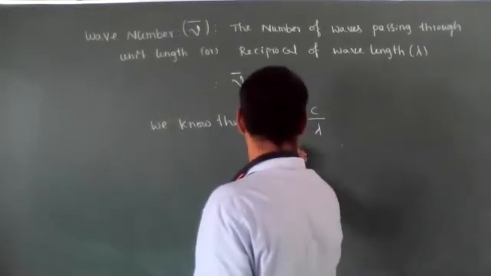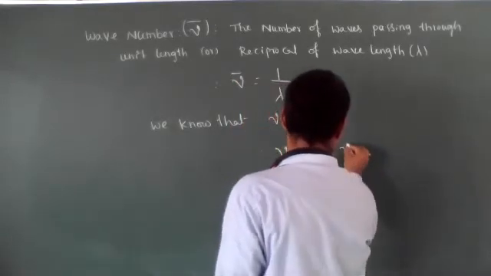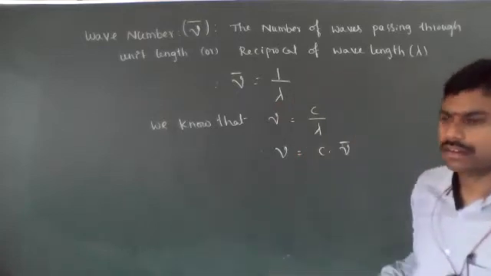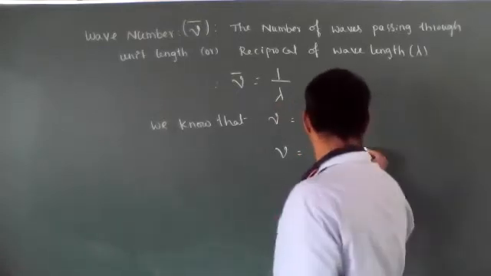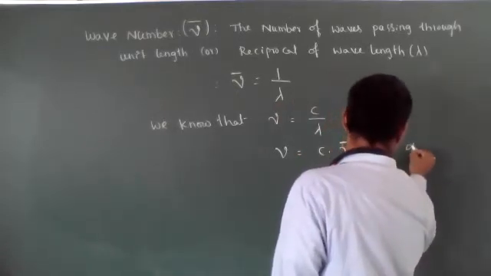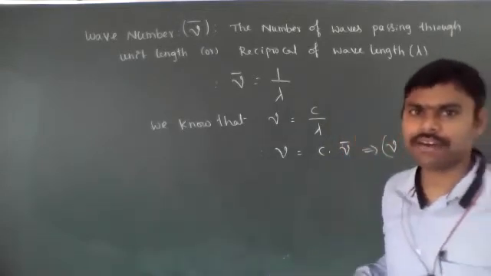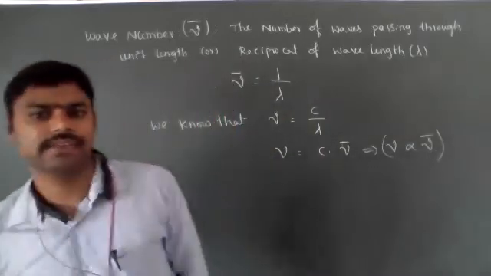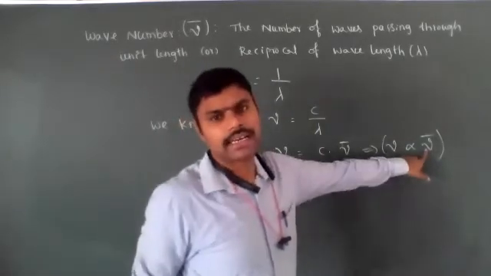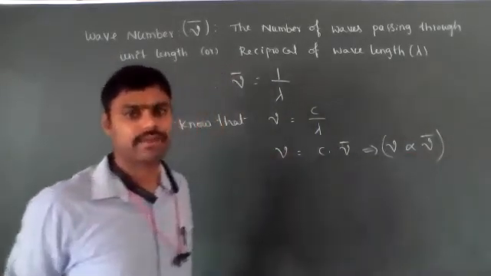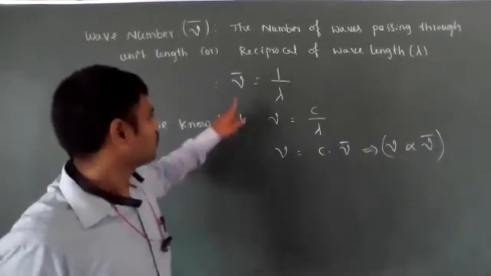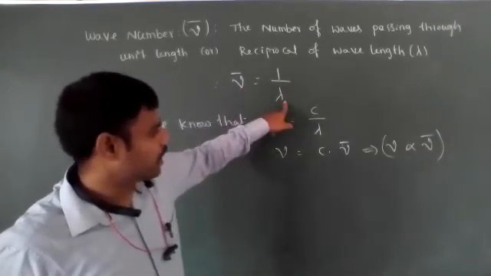Therefore nu is equal to c into nu bar. c is constant. From this, nu is directly proportional to nu bar. If wave number increases, then the frequency increases.